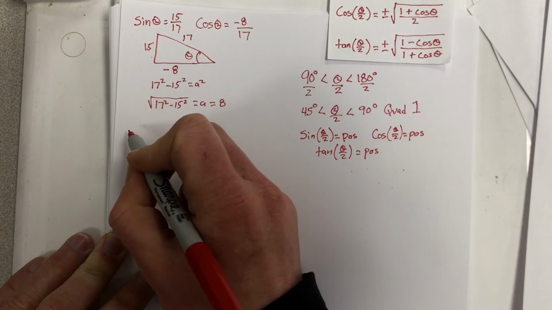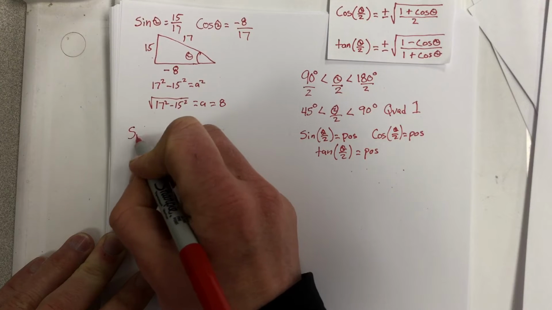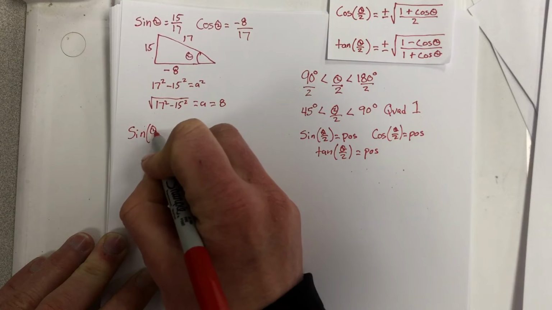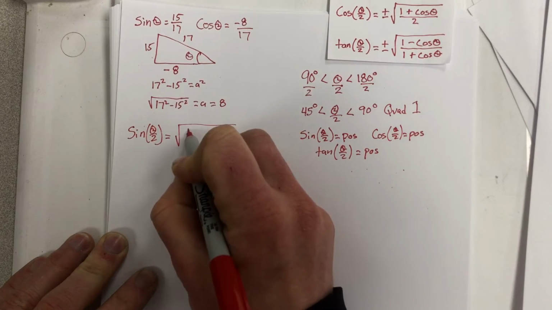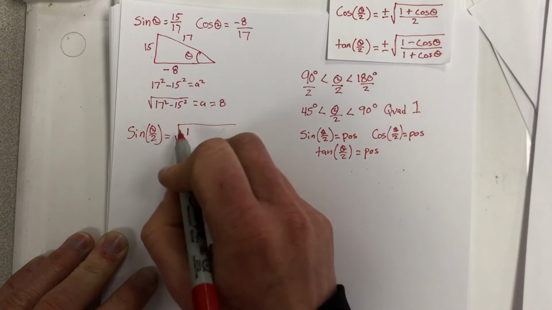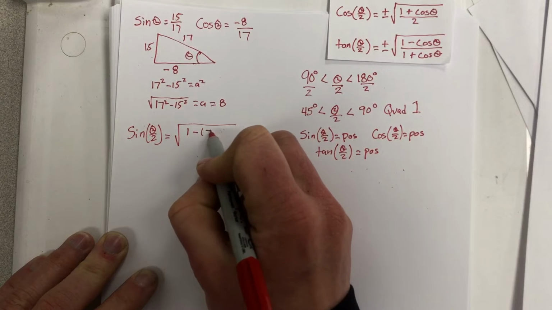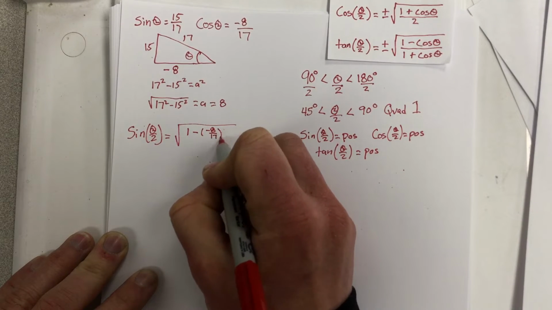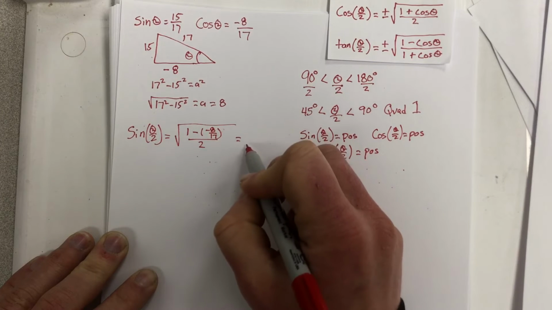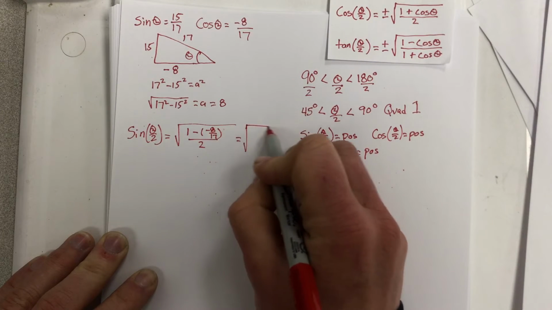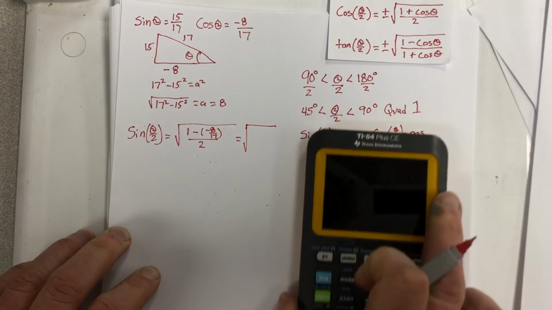So we've got sine theta over 2 is equal to the root of 1 minus negative 8 over 17, over 2. Let's plug that in the calculator.